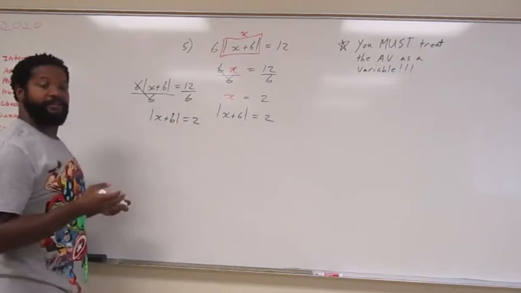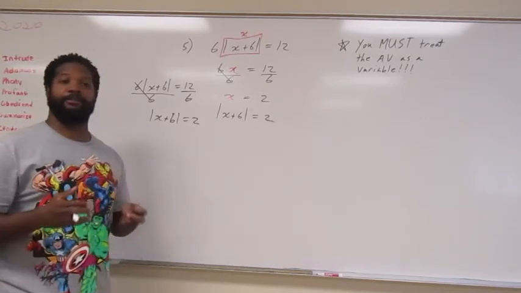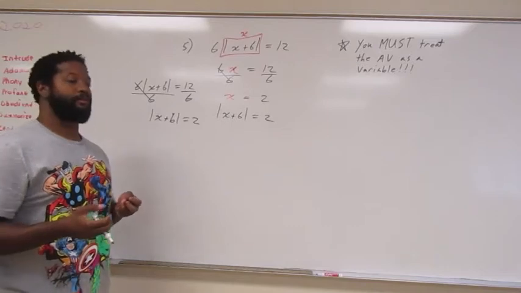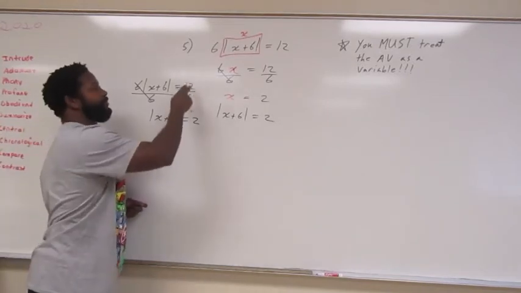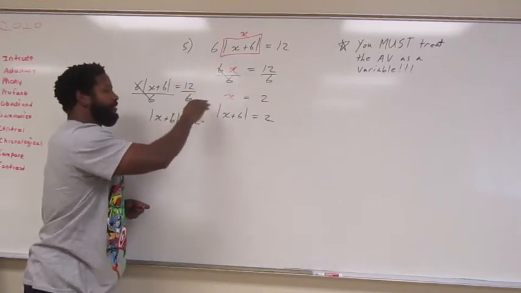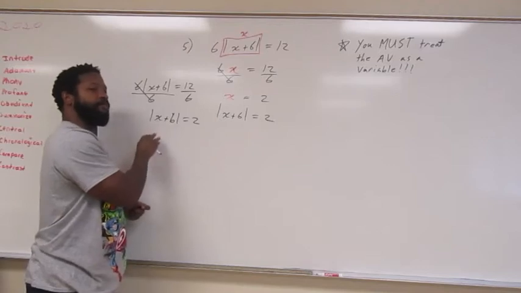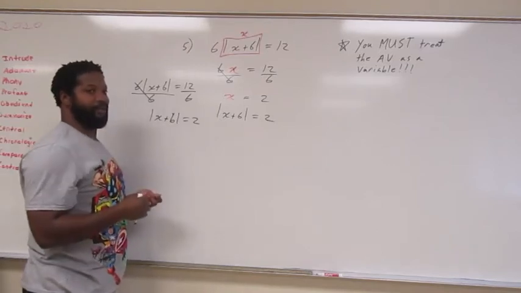Then you can. But I found that, especially with Algebra 1 students, when you substitute that and make it an x and then just get the x by itself and then turn that x back into an absolute value, it's easier for them to solve it that way. You know what I'm saying?